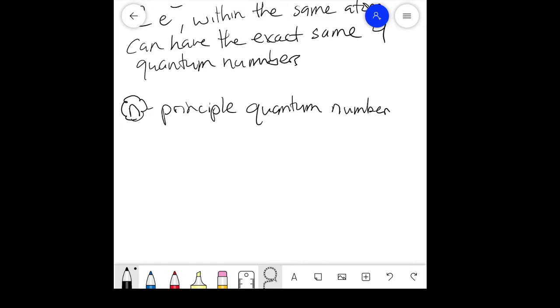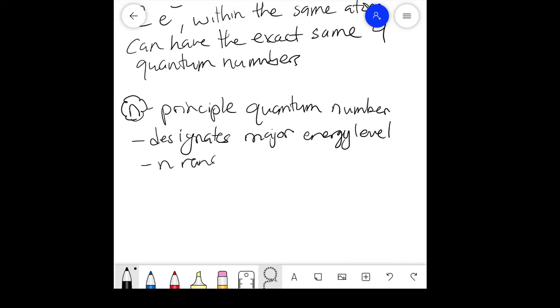It is our principal quantum number, and it designates the major energy level. So this is the energy level where the electron is. And n ranges from 1 to 7, just like there's 7 periods on the periodic table.